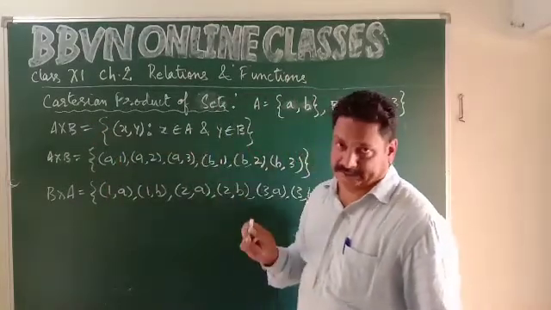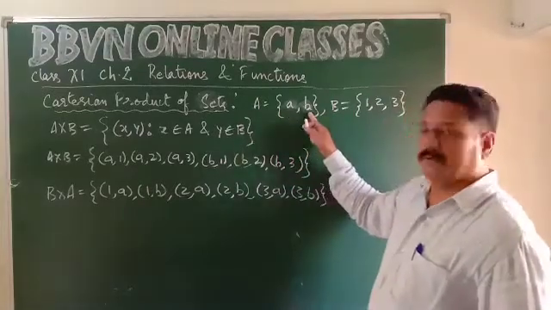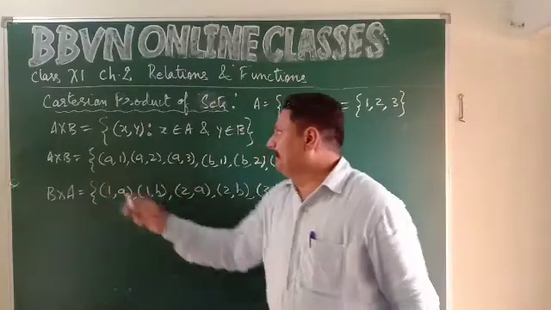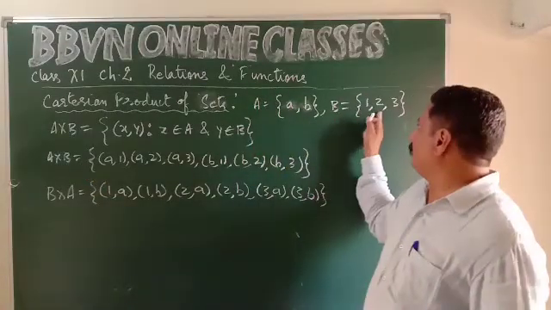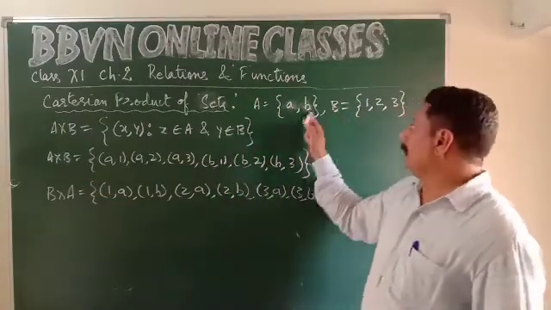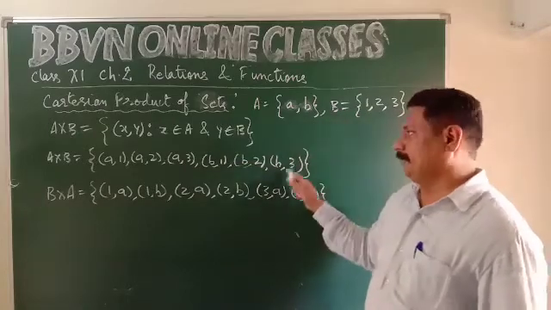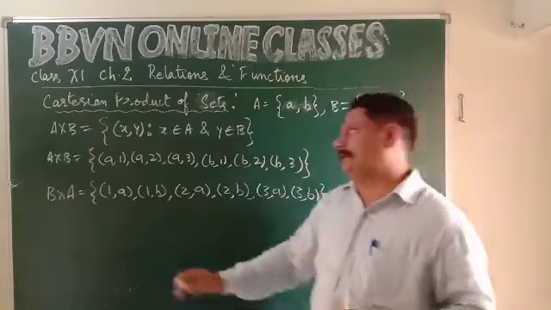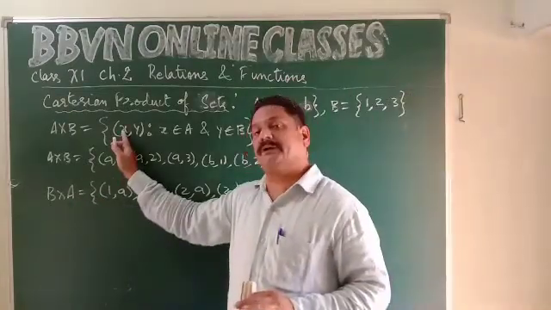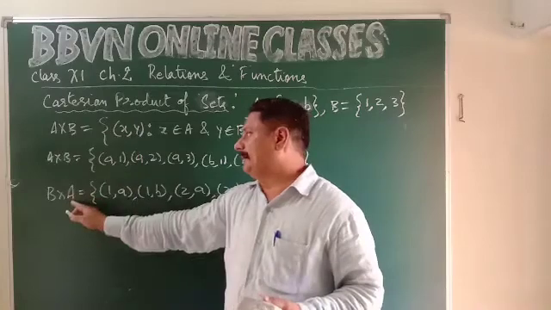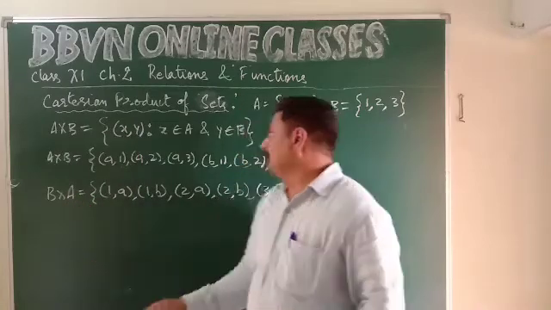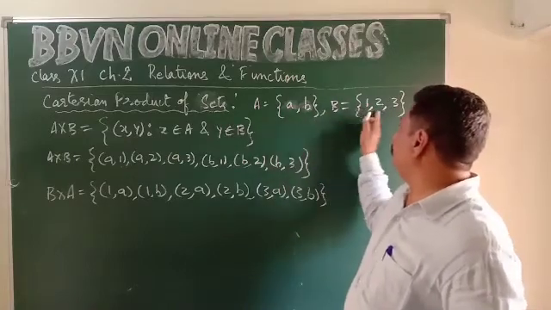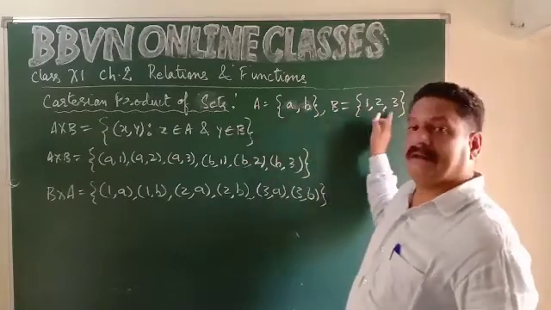Based on this, set A is a comma b and set B is 1 comma 2 comma 3. Now A cross B is a comma 1, a comma 2, a comma 3, b comma 1, b comma 2 and b comma 3. We got 6 ordered pairs. If I take B cross A, the first element should come from set B and the second element from set A. So it will be 1 comma a, 1 comma b, 2 comma a, 2 comma b, 3 comma a and 3 comma b.